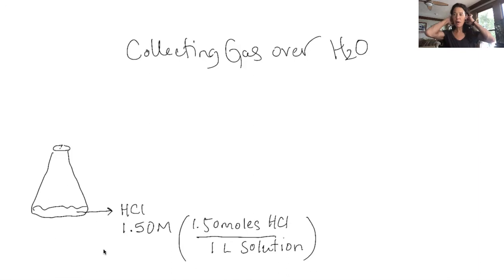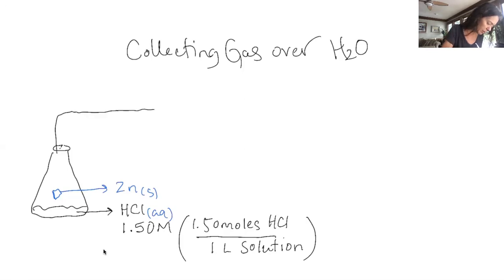I might elaborate, I might not, okay? And let's say that we are going to drop a piece of zinc solid, this would be our aqueous, into that hydrochloric acid. And it's going to produce a gas. So we're going to set up a gas collection tube.